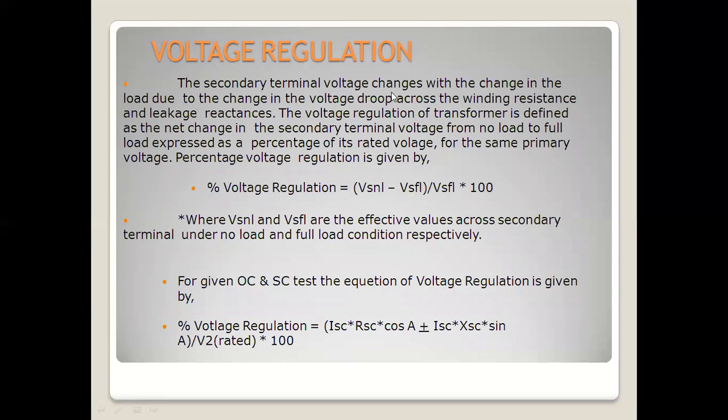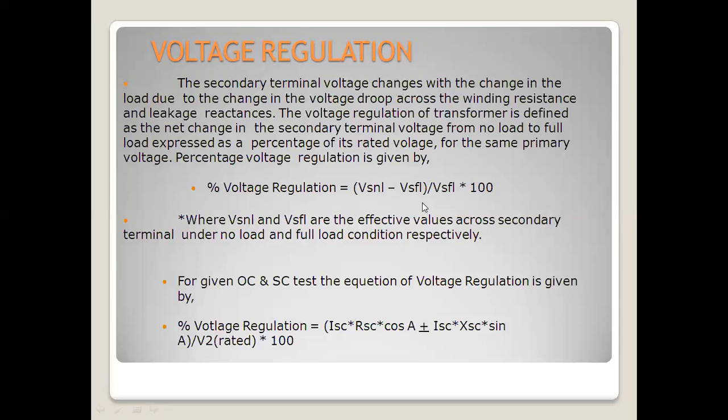The secondary terminal voltage changes with the changes in the load. With the change in the load, the secondary terminal voltage is also changed due to the change in the voltage drop across the winding resistance and leakage reactances. The voltage regulation of a transformer is defined as the net change in secondary terminal voltage from no load to full load, expressed as a percentage of its rated voltage for the same primary voltage.